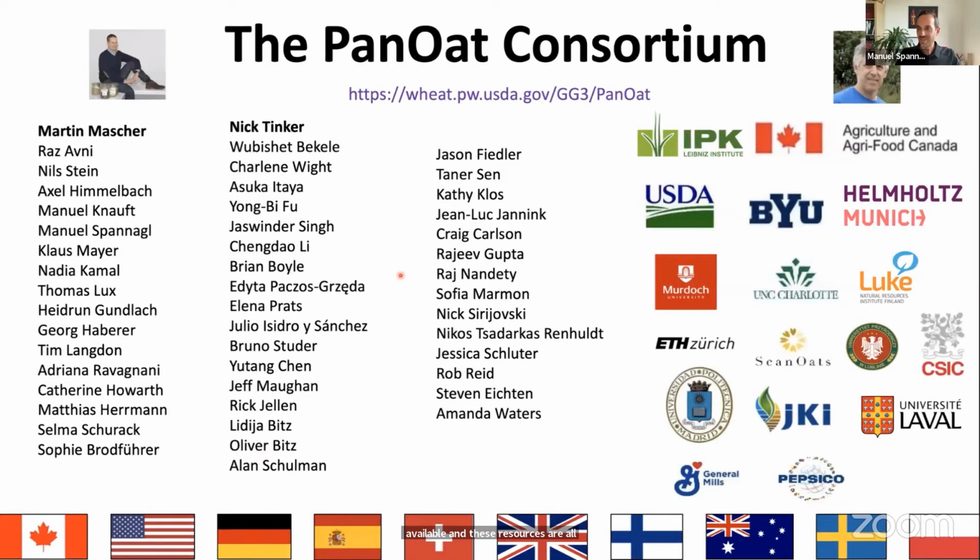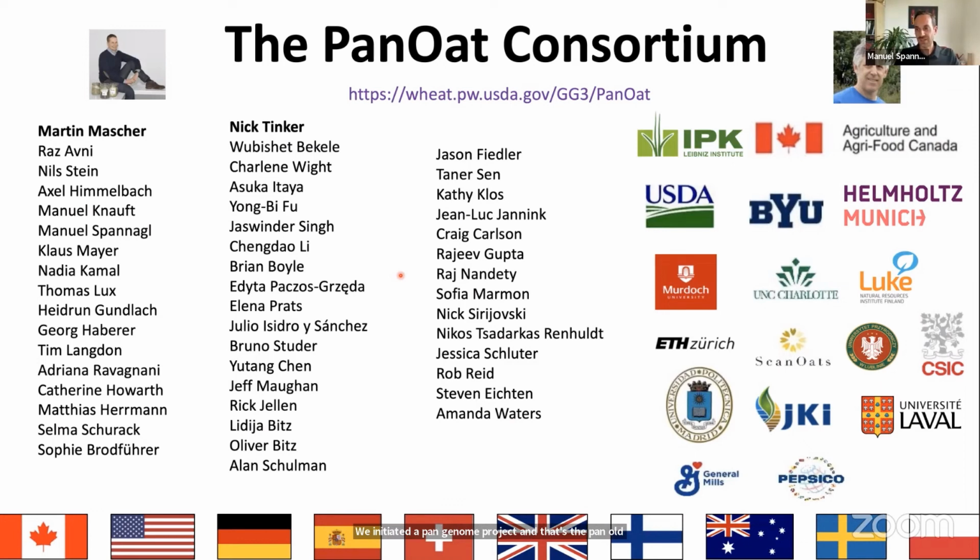So now, I've already talked about additional resources, so that already looks like a mini pan-genome, right? And that's the logical next step that we took now that we had a reference sequence for oat. We initiated a pan-genome project, and that's the PanOat Consortium, headed by Martin Mascher and Nick Tinker.